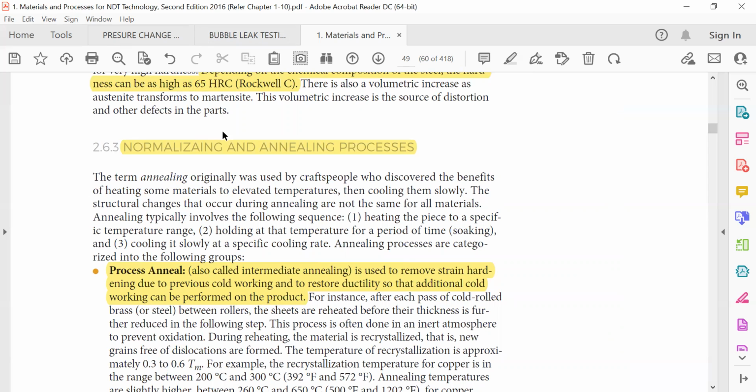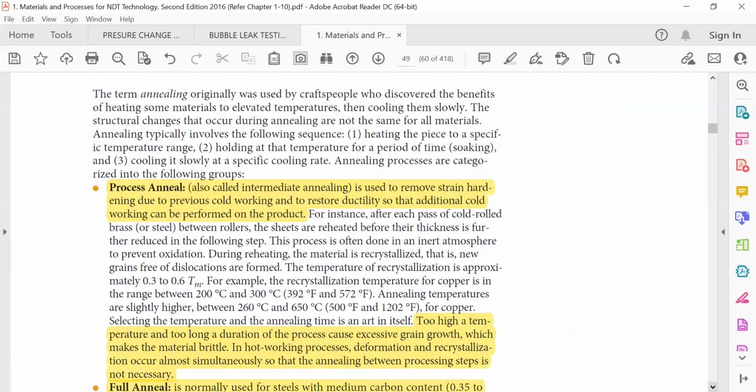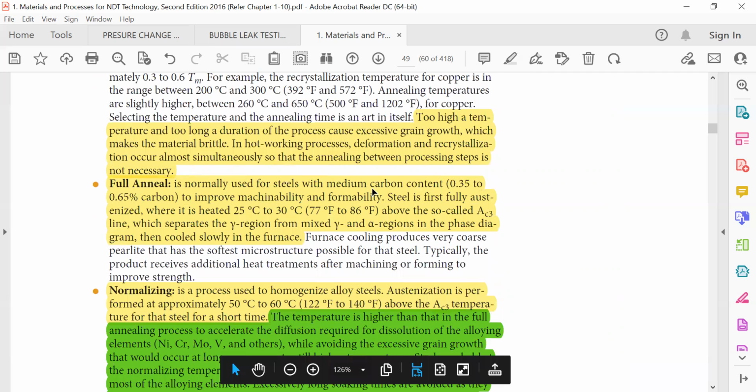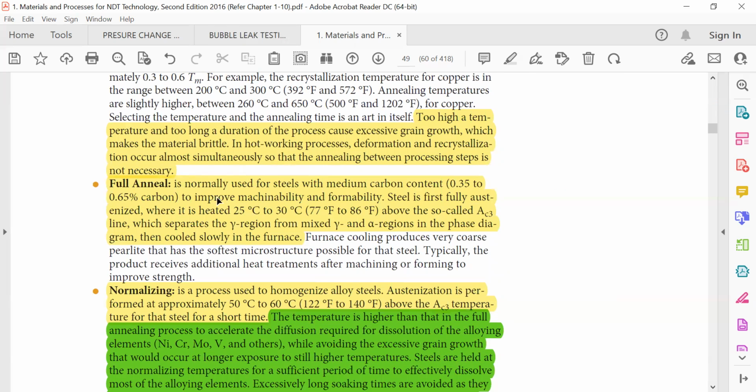Need tempering after quenching, normalizing and annealing processes. Intermediate annealing is used to remove strain hardening due to previous cold working and restore ductility so that additional cold working can be performed. That is process annealing. Full annealing is normally used for steels of medium carbon content, 0.35 to 0.65% carbon, to improve machinability and permeability.